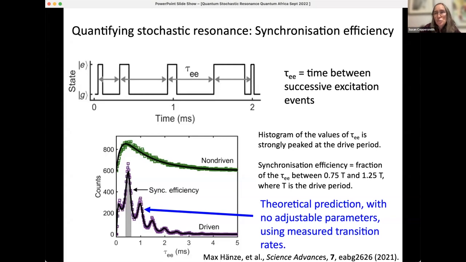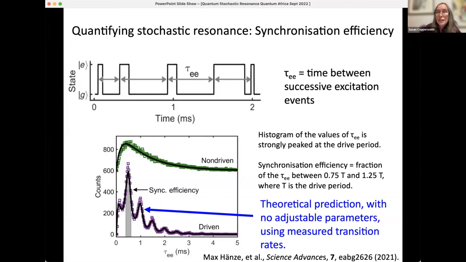And let's assume that the system forgets where it came from pretty fast. For the aficionados, it's called a Markovian approximation: you make a transition, and after a very short time, you've forgotten when you got there.